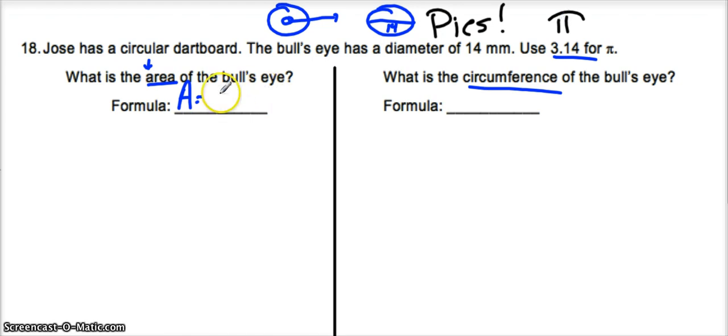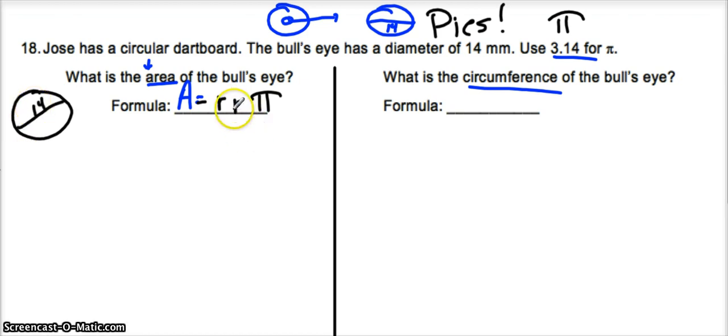And we had a silly way to remember it. It was A, red, raspberry, pi. A equals, the area equals the radius times pi. Now in our diagram up here, we've got the diameter. The diameter is 14. All the way across is 14.